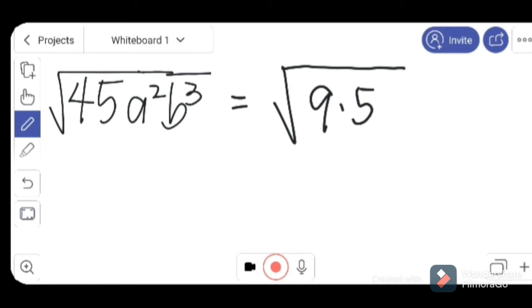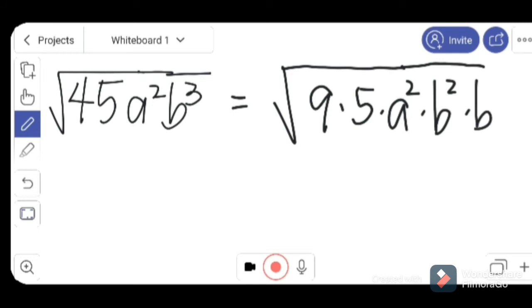And next, let's have a perfect square that divides a squared, so still a squared. And b cubed, we can write that as b squared times b, because b squared times b is equal to b cubed. So this is now the factored form of our given.